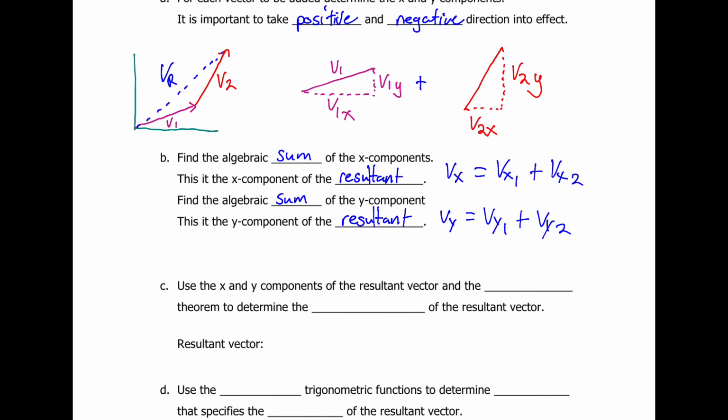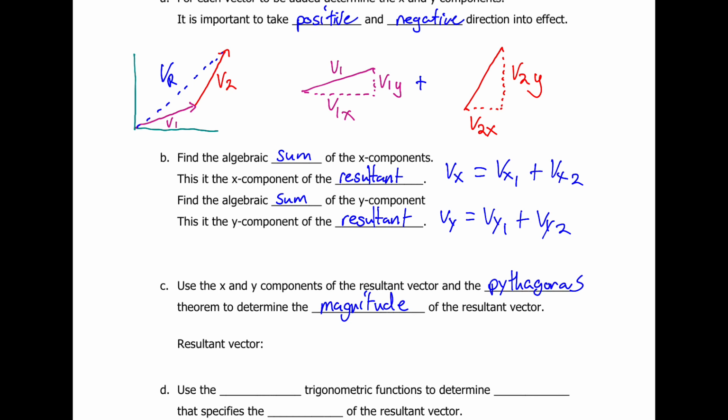Using these x and y components, these things I just found right here, and my favorite thing in all of triangles, Pythagoras, we can get the magnitude of the resultant vector.